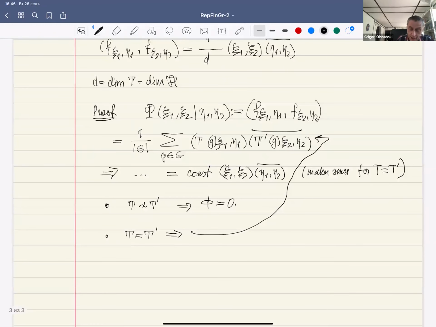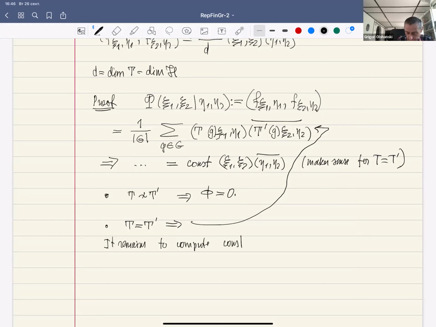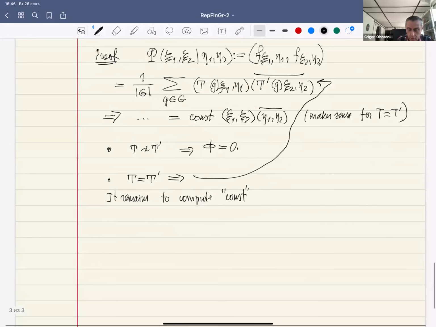implication. And now it remains to compute the constant. Compute the constant, and how to do that?